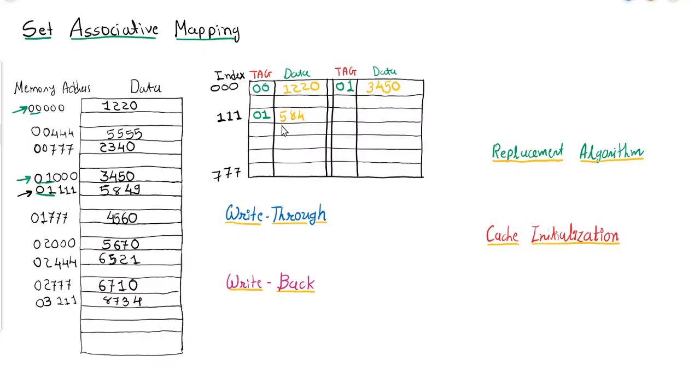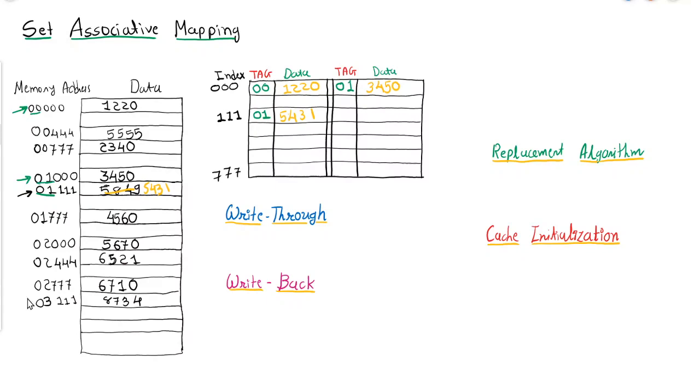Instead we will write, let's say, 5431. Here also we will write 5431, because we are working with the octal number system, so everywhere we will write octal numbers only.